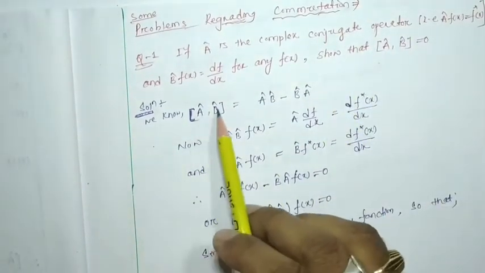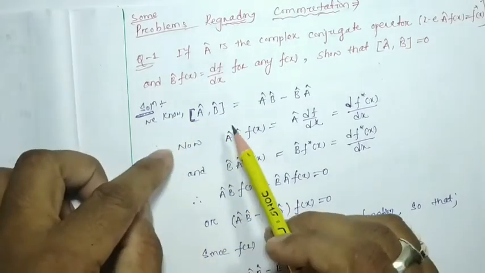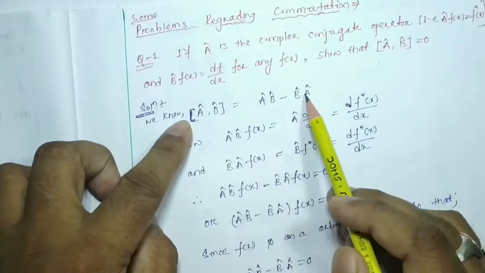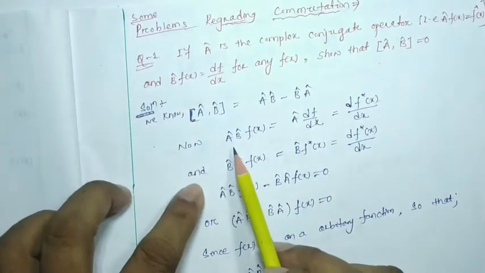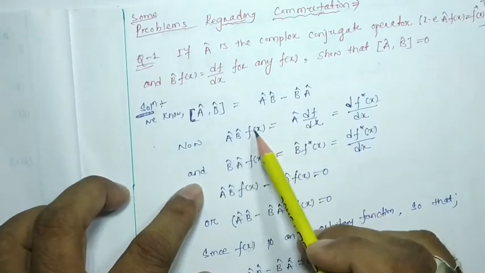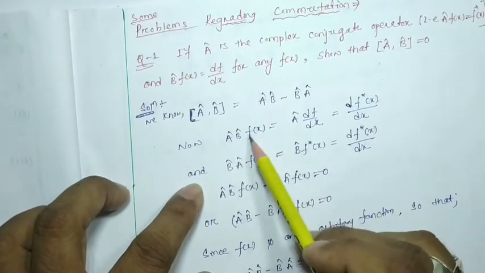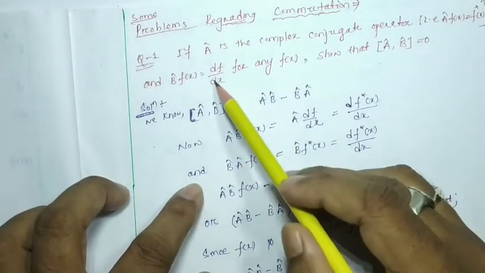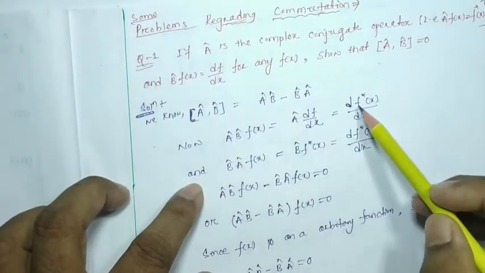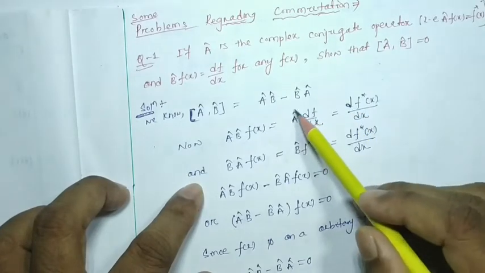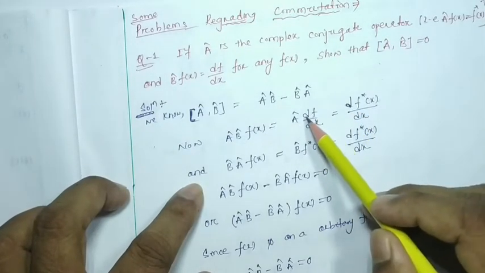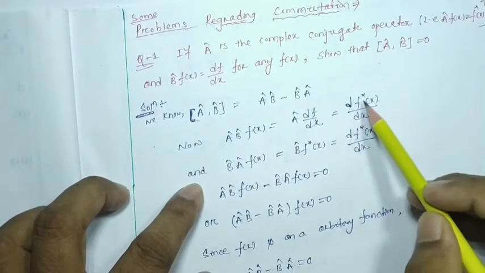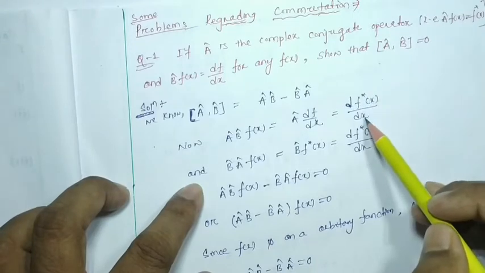We know that the commutator of A cap B cap can be written as A cap B cap minus B cap A cap. Now, when A cap B cap operates over f(x), B cap is nothing but d/dx, so d/dx of f, then A cap operating on this transforms the function to its complex conjugate, so it will be d of f star(x) by dx.